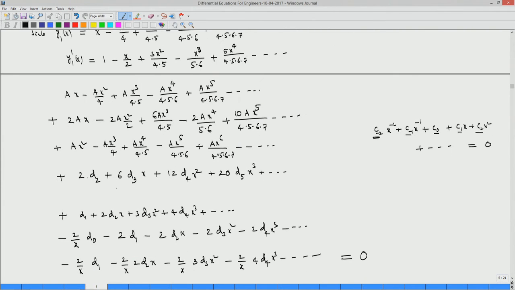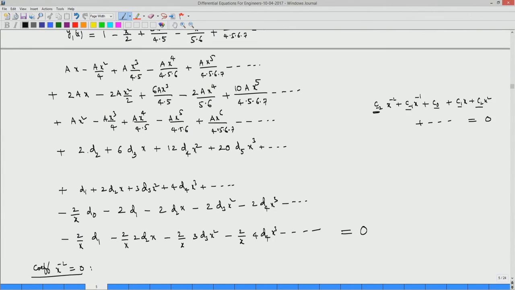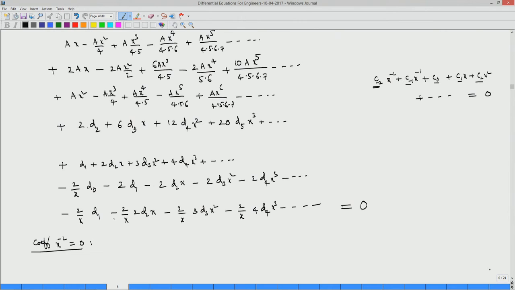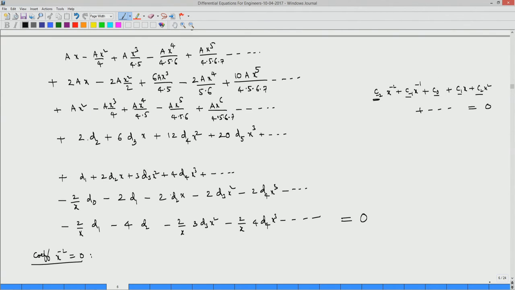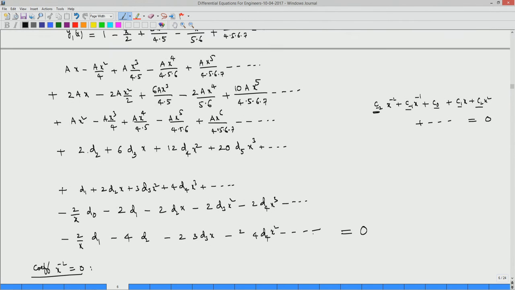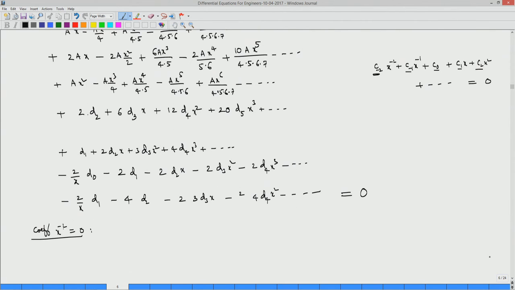Everything is powers of maximum x power minus 1. Minus 2 by x, so it is going to be 4 d2. Similarly, here if you remove this x, this is going to be x square, and so on. So, you have 1 by x term. The lowest term is x power minus 1. So, this term is not there. This is how your series is going to be.